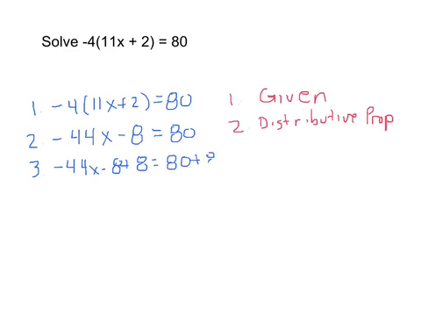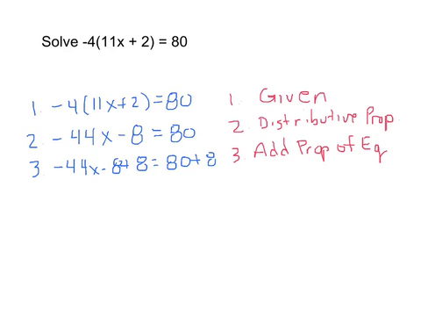So let's just go ahead and write this, and I'm going to start abbreviating because I know you guys as well as I do start to get tired of writing out all these big words. So how about the add prop of equality? That stands for the addition property of equality.